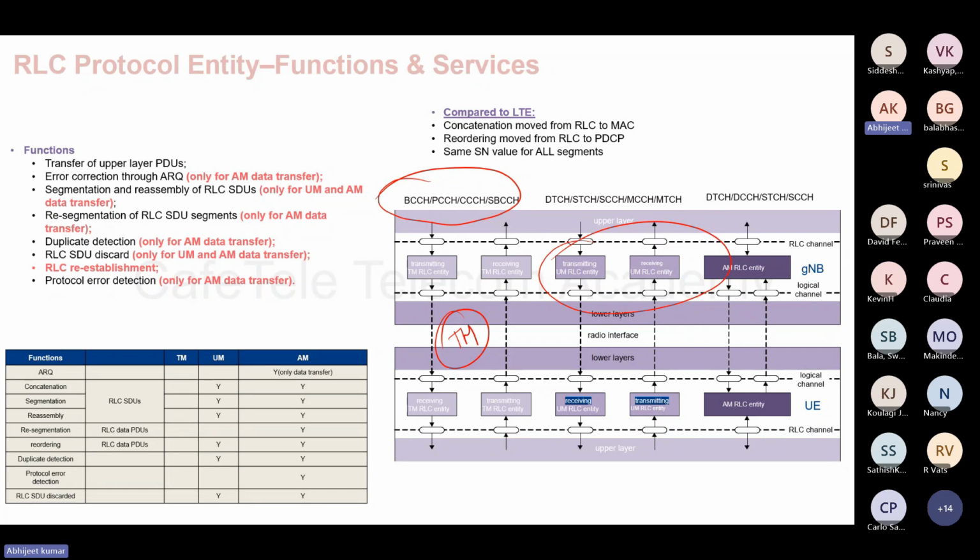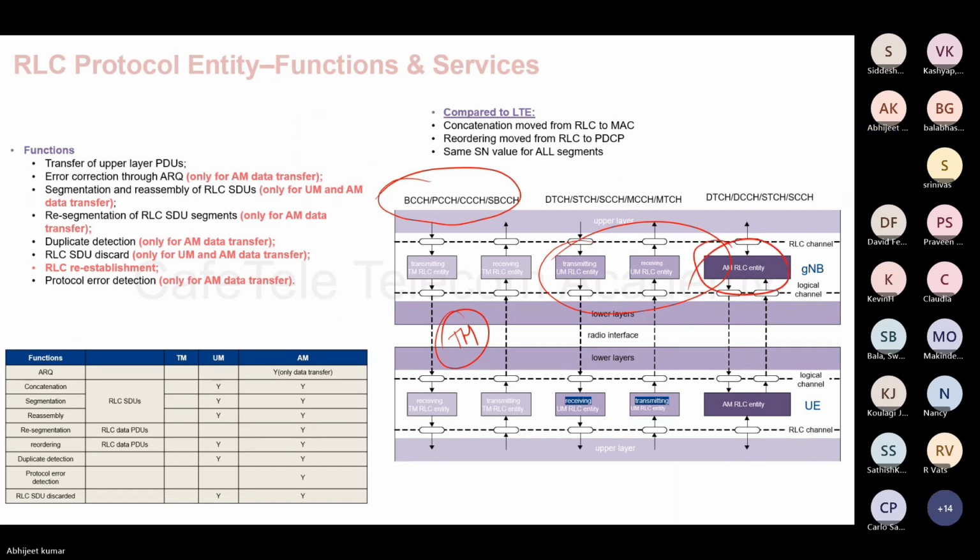So in VoLTE or VoNR, if your packet is corrupted, they will not retransmit. That's why we always say that in good RF conditions, the VoLTE or VoNR call is good. In bad RF conditions, the call has noise because they cannot retransmit it. You can set it, it's not that you cannot, but it's not a good solution.